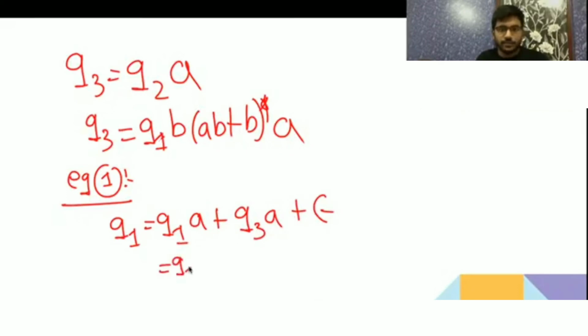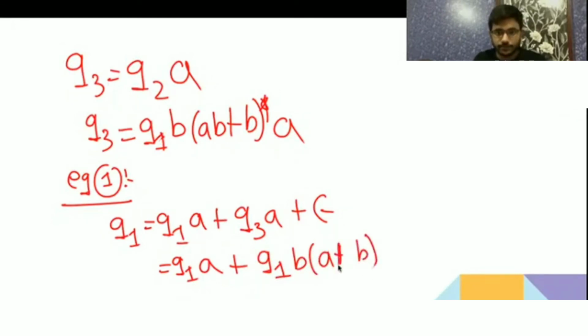In place of Q3 I should substitute everything, AB plus B star A plus epsilon.